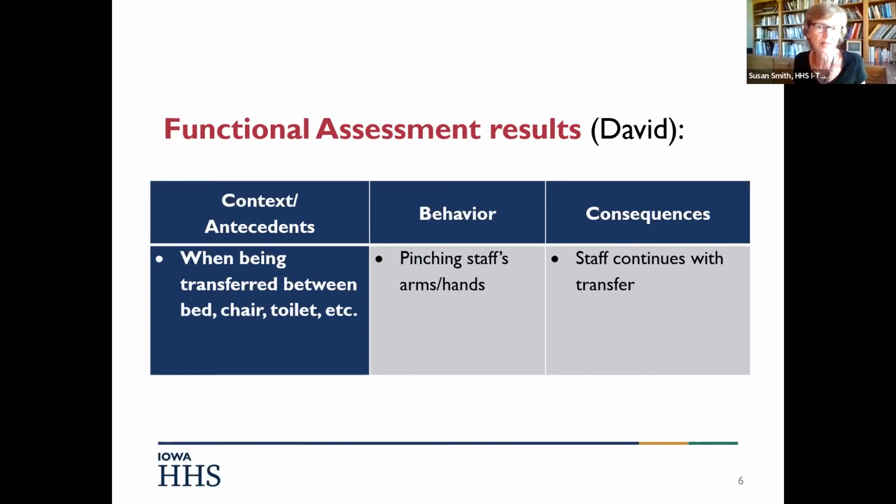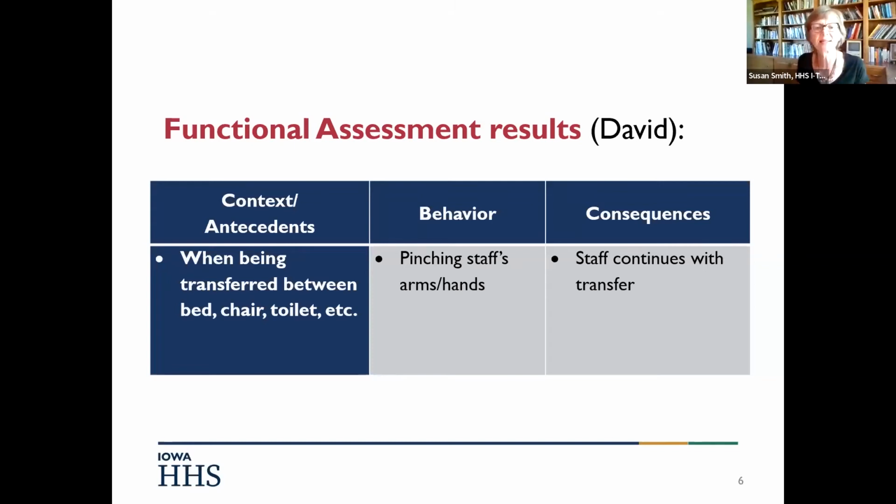And so that's when it happened. And the consequence, or what changed, is that staff continued doing the transfer. They could not stop. You can't put somebody on a toilet and then never go back and get them again because they don't like the transfer. So we think that probably his intention was trying to get people to stop, but it kept going.